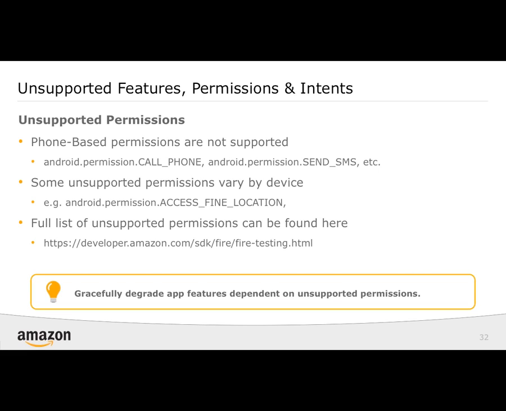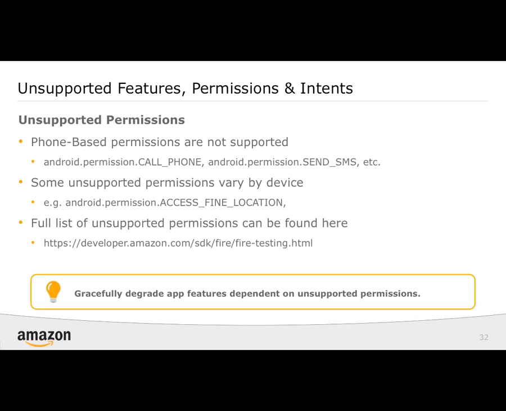For devices that are not targeted at tablets but are targeted at phones only, one of the other things that happens is the app fails to work when they get SMS messages or when they get calls. So make sure you're handling your phone-based permissions and intents correctly and degrading correctly if those aren't supported.